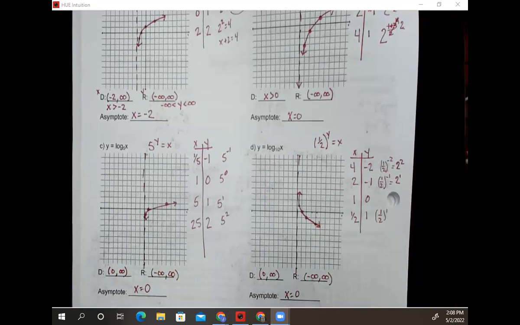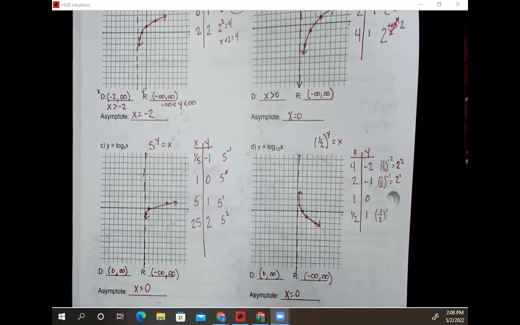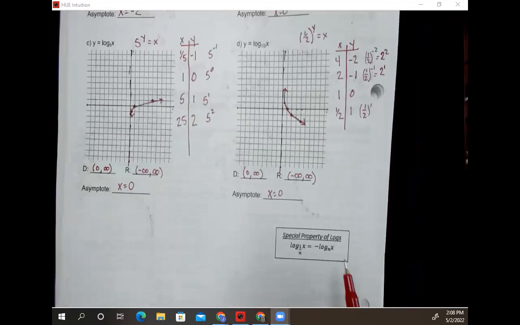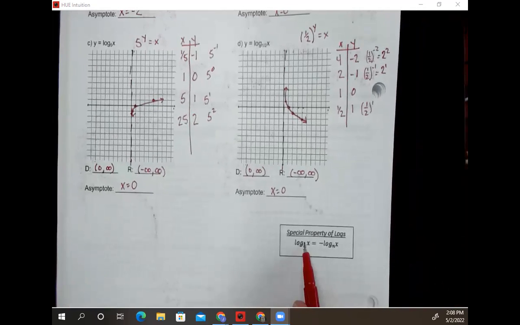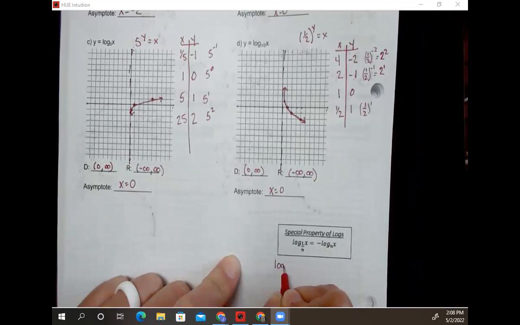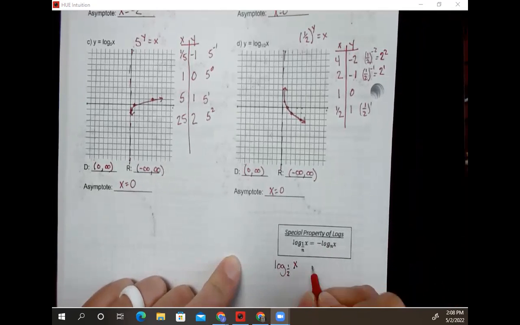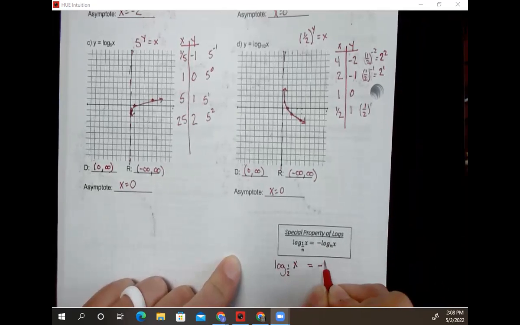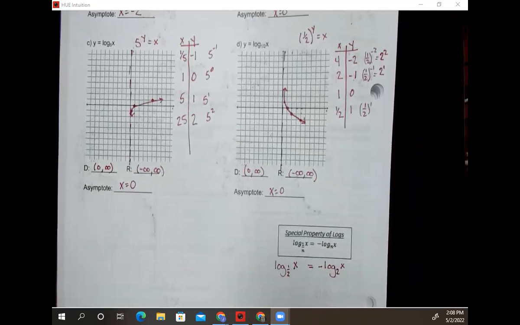Now, if I wanted to, and this will make the flip part make more sense, there is a special property of logs that says if your base is a fraction, you can actually rewrite it. So instead of log base 1/2 of x, we could rewrite that as negative log base 2 of x.